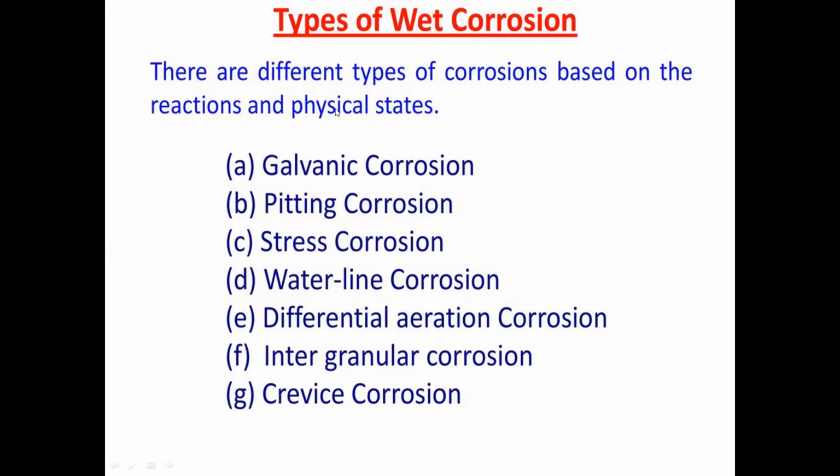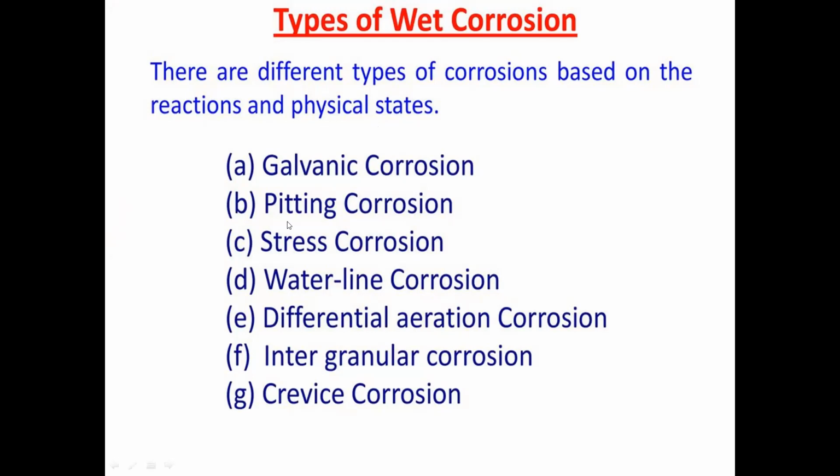First is galvanic corrosion. We have seen that galvanic corrosion is corrosion due to two metals. One example is copper metal and steel metal. The corrosion due to copper and steel is called galvanic corrosion.